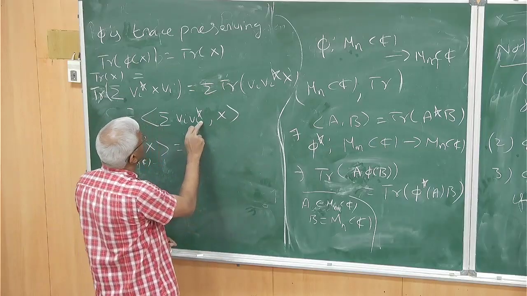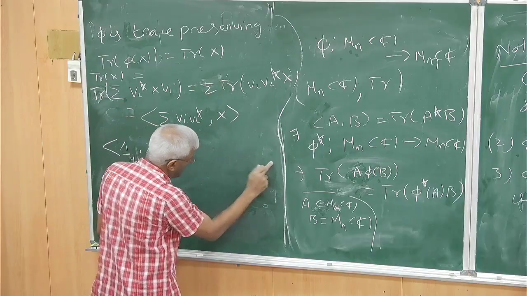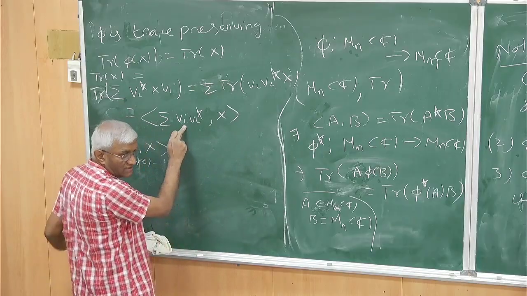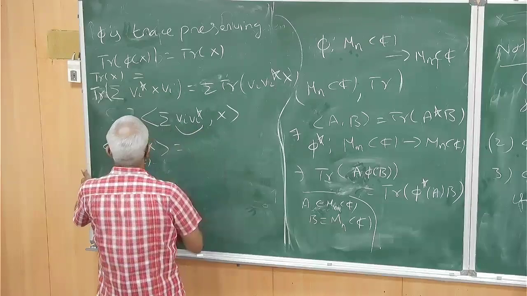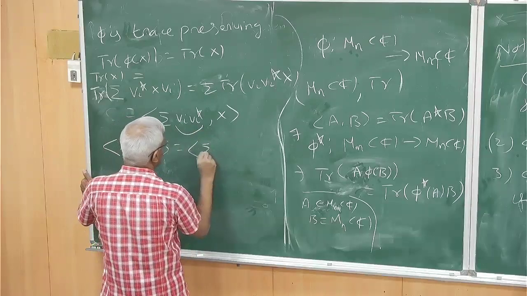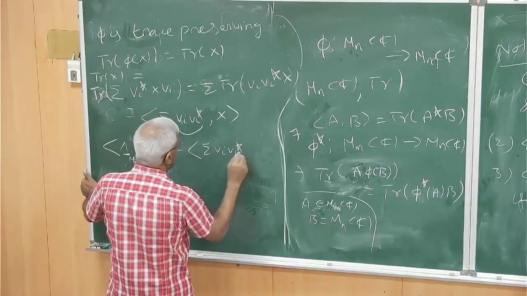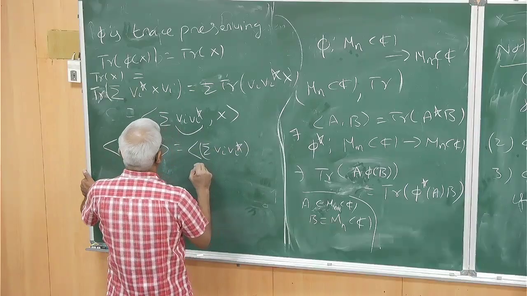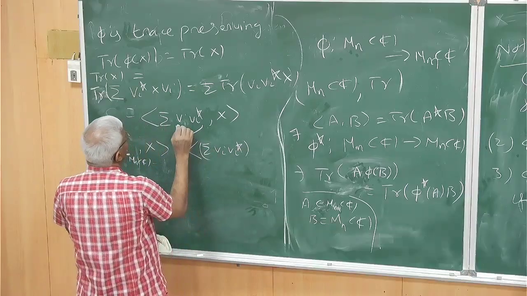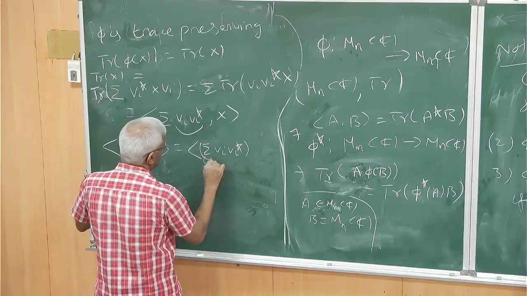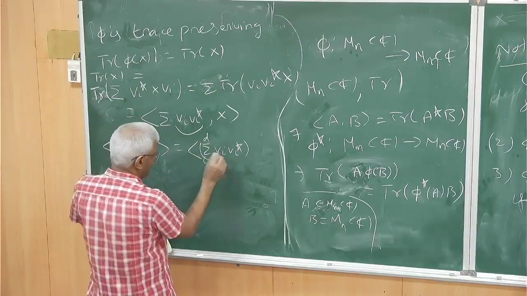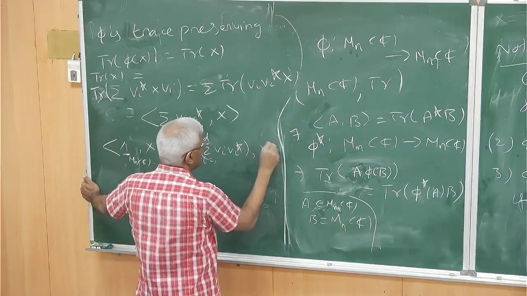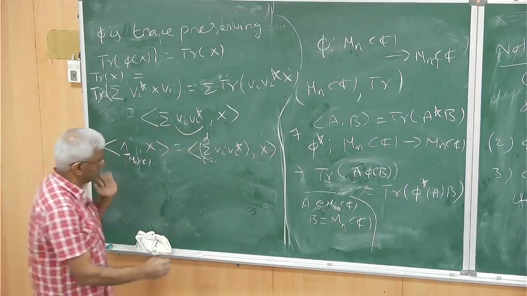So vi star is from Mn to Mn, so this is n cross n. Okay. So this is the same as summation vi star, j equal to 1 to d. Inner product x. But this is for all x, right?